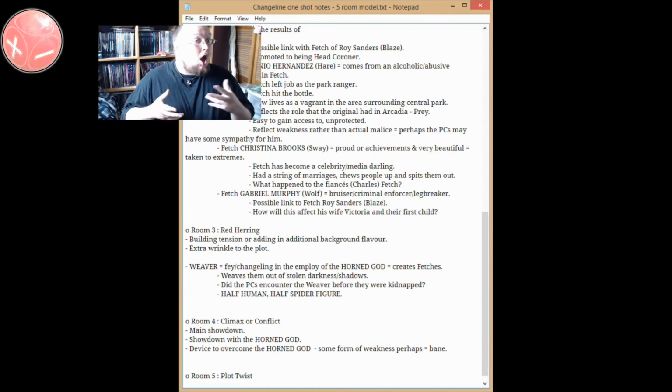I'll probably do a couple of these, probably one for the Weaver, certainly one for the Horned God, and maybe one or two for a couple of the more prominent fetches, and maybe one or two other NPCs. Who knows, it depends how things develop. I don't want to cram too much in because it is only a 4-hour session.